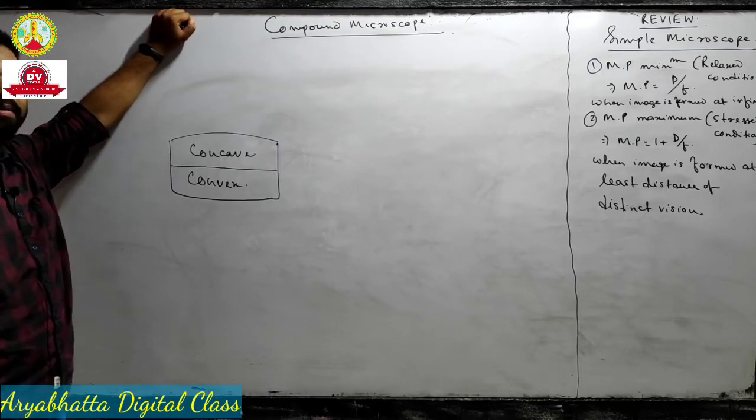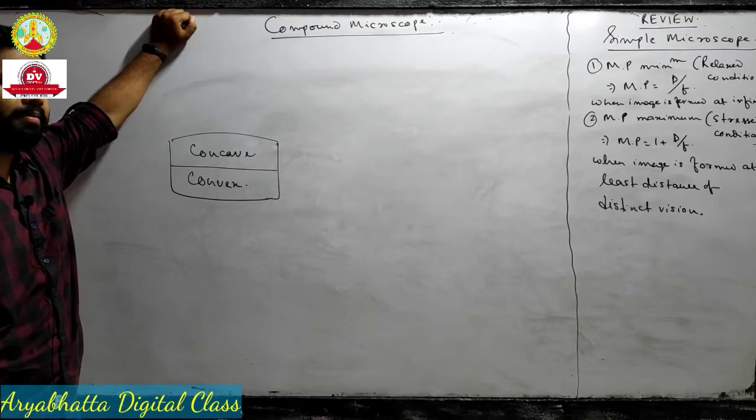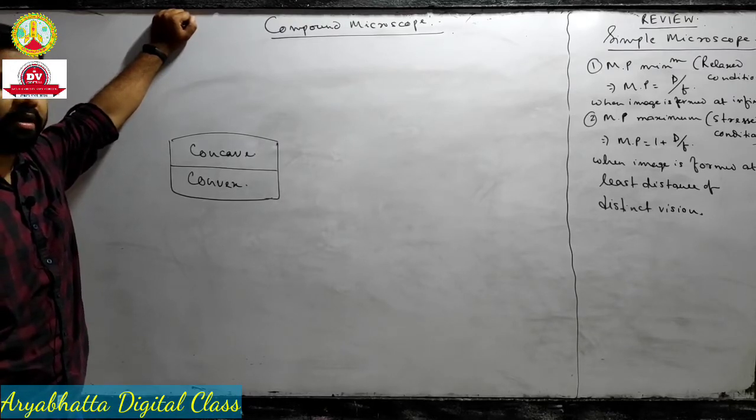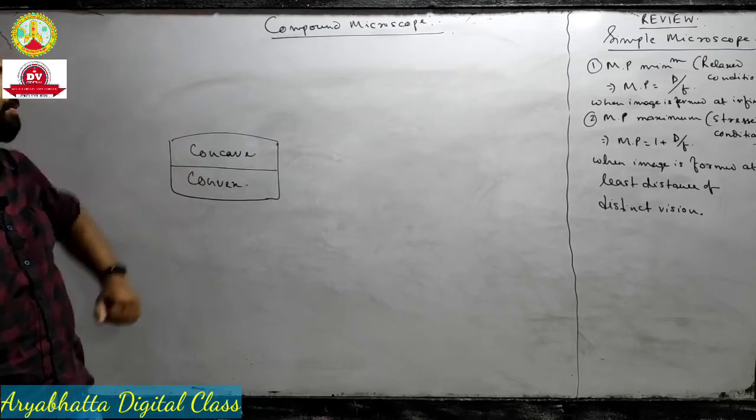A person suffering from hypermetropia can see the distant object clearly but not the nearer object, okay? So presbyopia is a combination of both myopia and hypermetropia, okay?